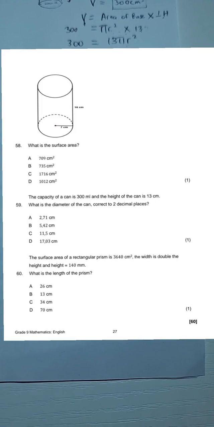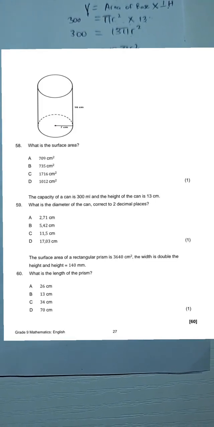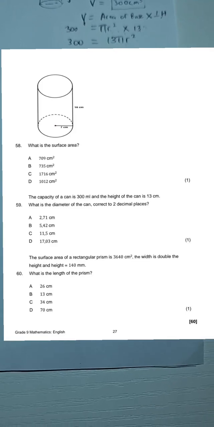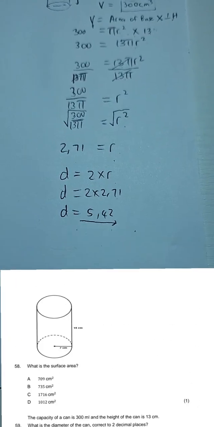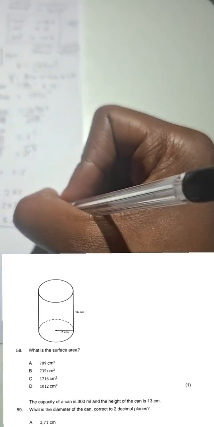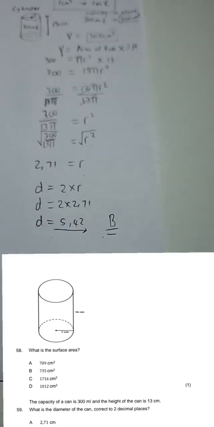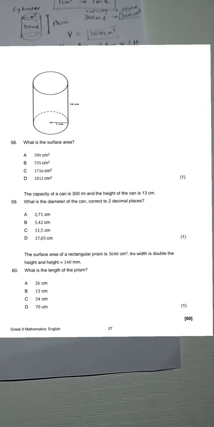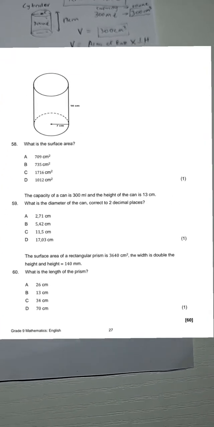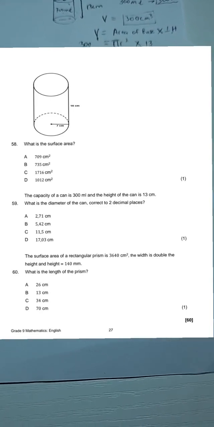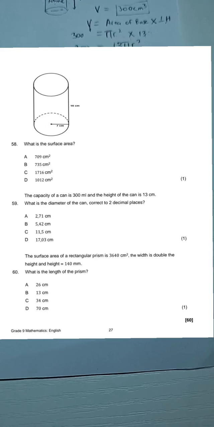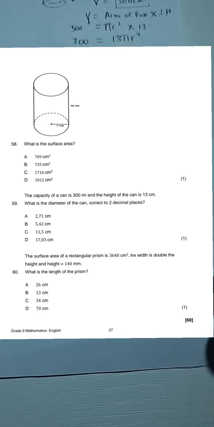So number 59 is actually B, which is 5,42. B, guys. That is our selection. B is the answer. How important it is to know these things. Let's go to number 60.